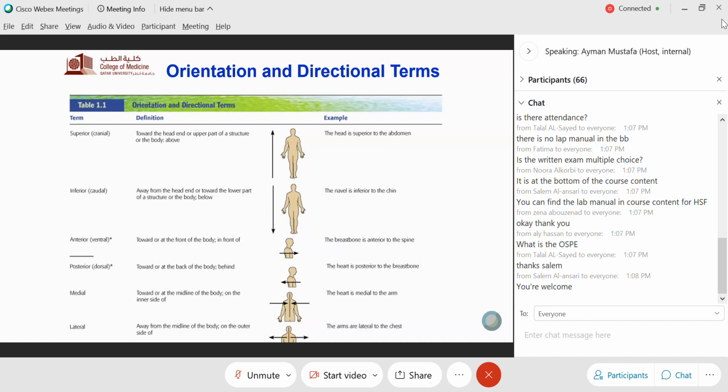So it describes a horizontal relationship. Here, superior, inferior is vertical; this is a horizontal relationship. So we can say your breastbone is anterior to your heart, for example. Your heart is anterior to your spine.